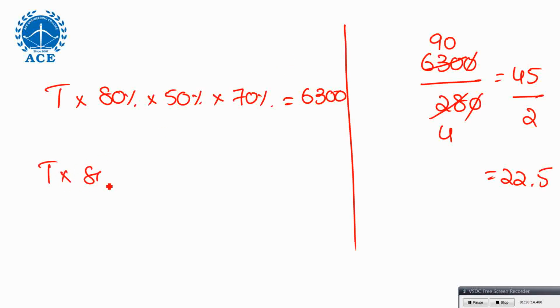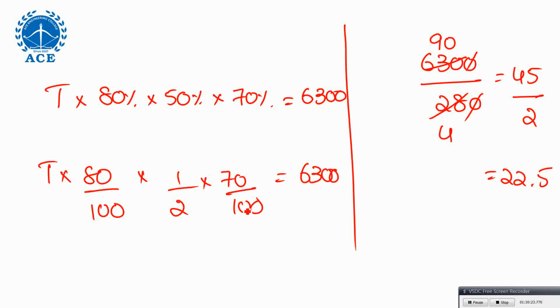80% means 80 divided by 100. 50% means half. 70% means 70 divided by 100. This should be equal to 6,300. So the zeros cancel.